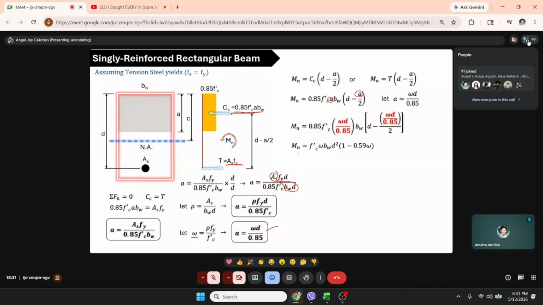And rearranging, you have fc prime times omega times bw d squared times 1 minus 0.59 omega.